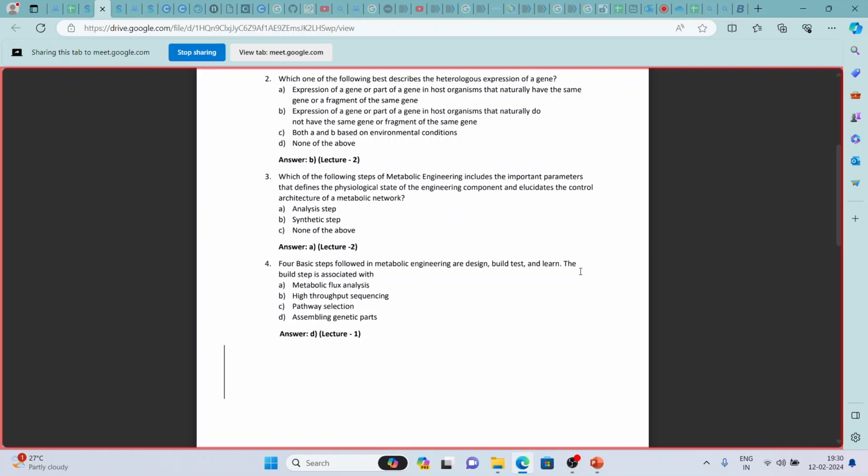In the analysis step, we try to see when we change a particular component a particular way, how it specifically alters the profile in the reaction. So corresponding to that, the answer here is analysis step.